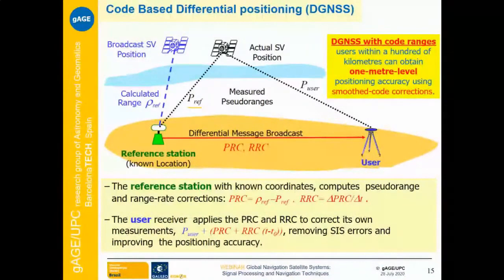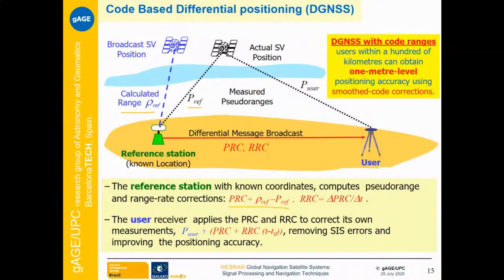Because we know where this station is, we can compute the geometric distance, which we call the range and depict with a rho, so that we can compute the difference, what we call the pseudorange corrections, the PRC.